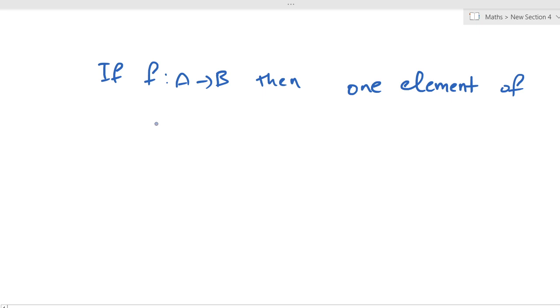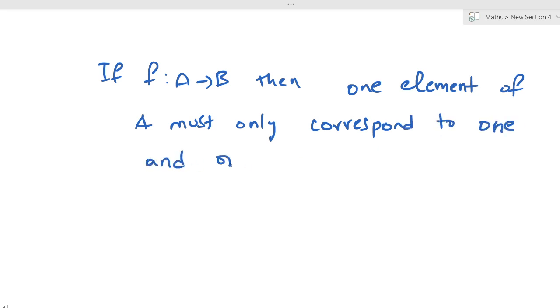So if f is a function from A to B, then one element of A must correspond to one and only one element of B. I'll tell you.